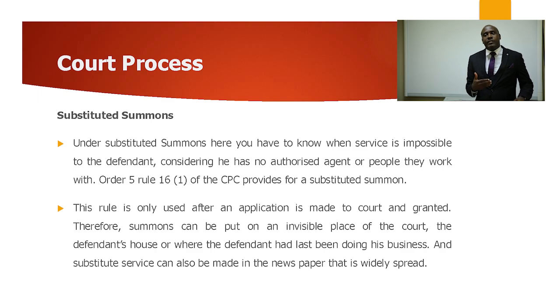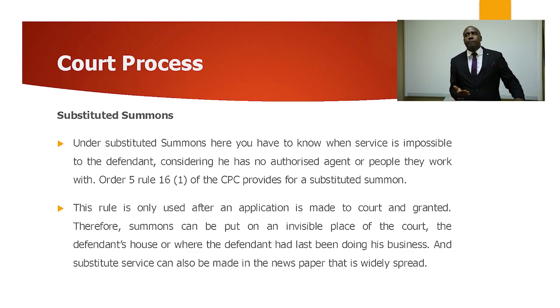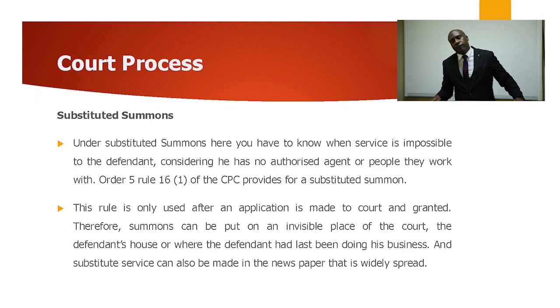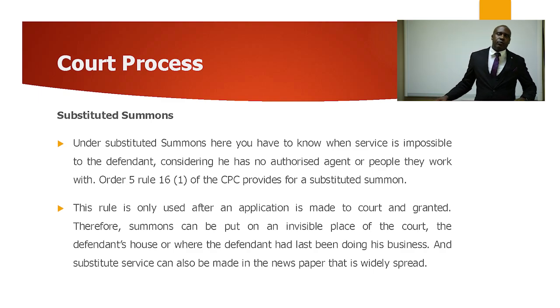The substituted service chips in simply because the ordinary service has failed. The person to be served has not been traced. The person indicated in the address to be served has not been traced. So when an application has been made before the court to opt for the substituted service, then the substituted service will be issued, and the court process server will abide by that.